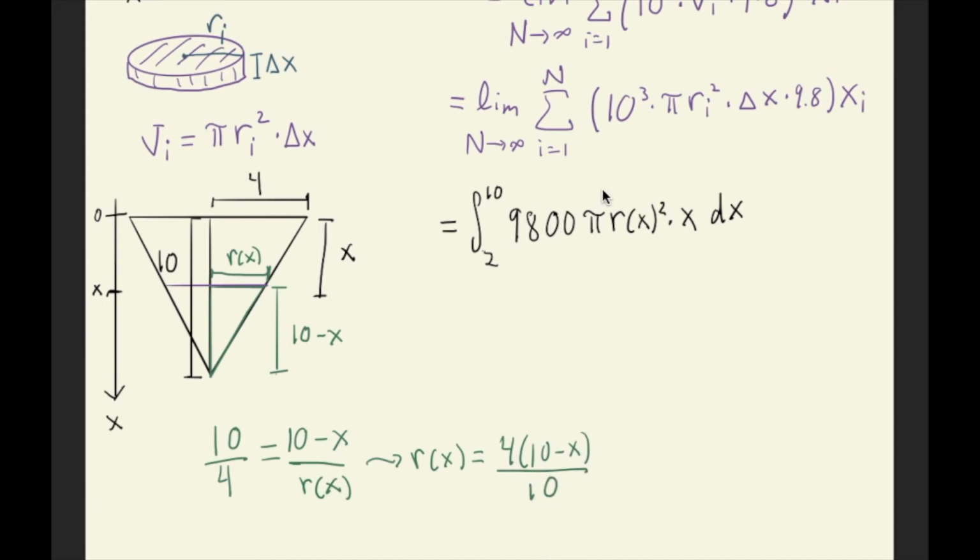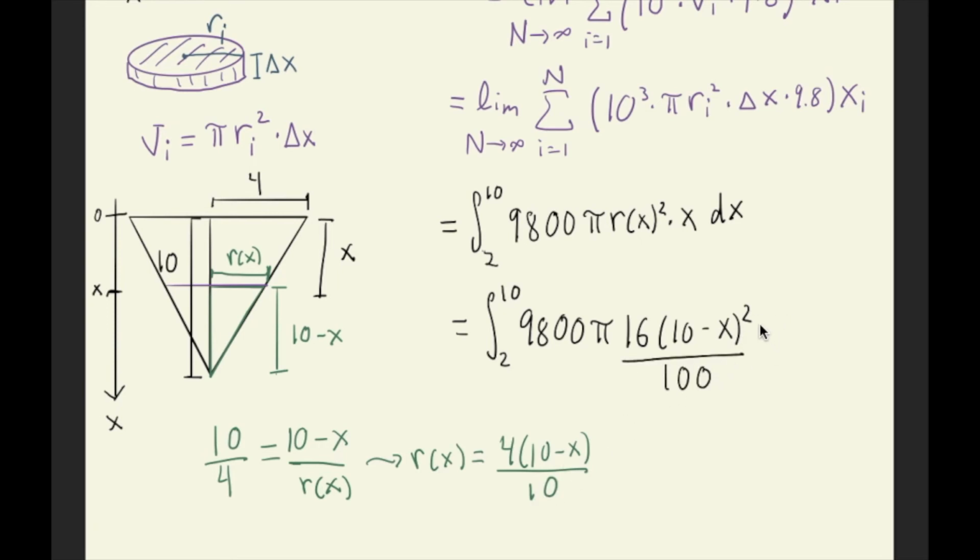Okay, and so we can plug that into our integral. So this is an integral from 2 to 10, 9,800 pi. Now this squared, so it's going to be 4 squared is 16, (10 minus x) squared over 10 squared is 100, times x dx.